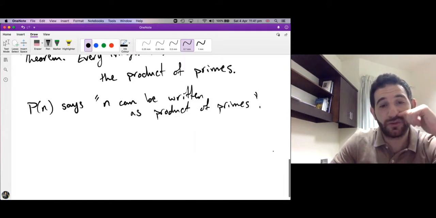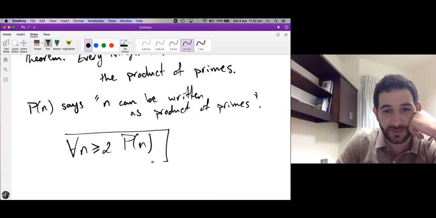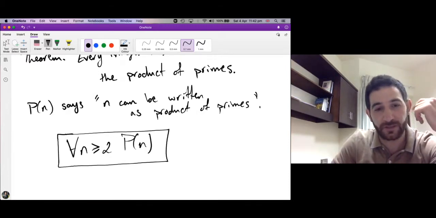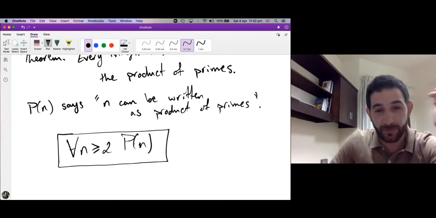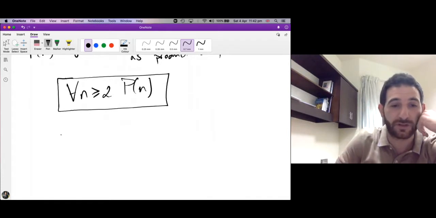And what we want to prove is the statement that for all n bigger than or equal to 2, P of n is true. That every integer bigger than or equal to 2 has the property P, which means it can be written as a product of primes. So we want to use strong induction.